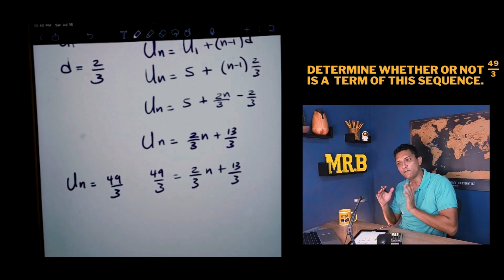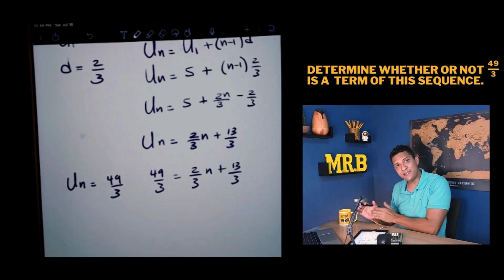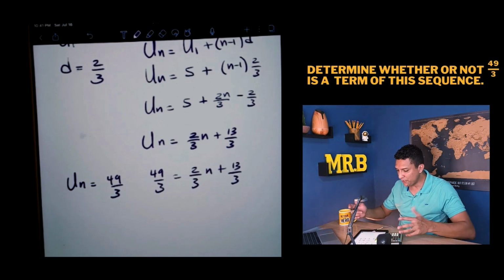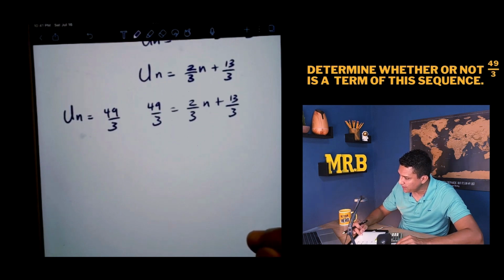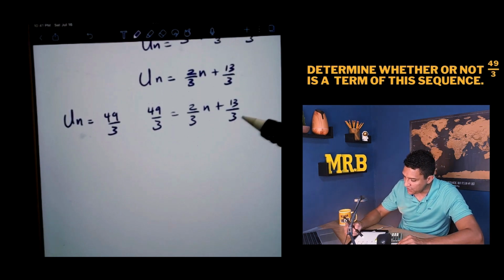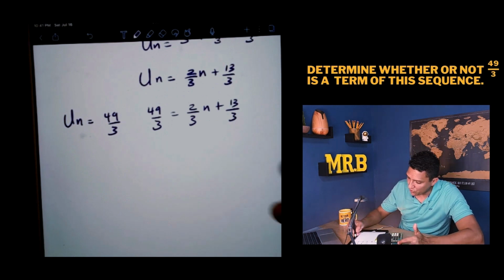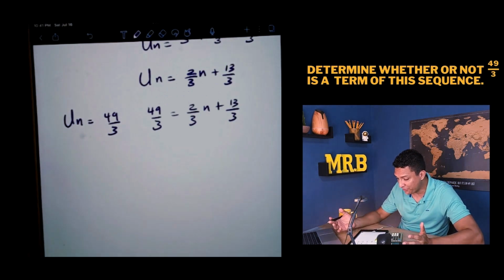If the value of n is a decimal, that means that the 49 thirds does not belong to the sequence. Okay? So notice that in this case, the equation is actually very simple, because even though I have a fraction, the common denominator is 3. So if I multiply everything by 3, all the denominators are going to be canceled.